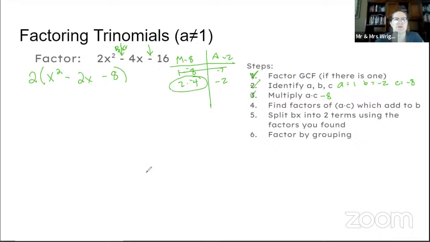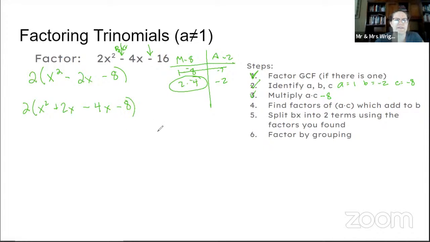So these are my two terms. So I'm going to have 2 times x squared. See, it just went straight there. And then my -2x is going to split up into a +2x and a -4x. Okay. And then my -8 is just going to stick right there back on the end and close my parentheses.